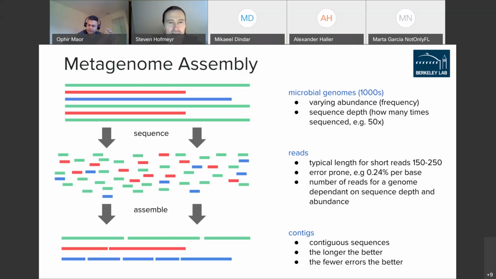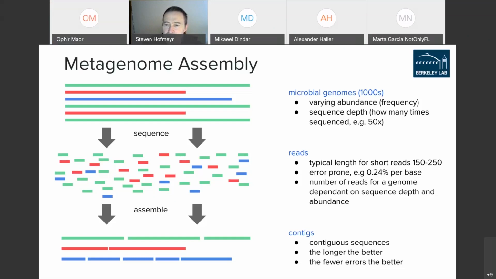The way genome sequencing works is the only way you get to read the DNA of all these organisms is by breaking it up into small fragments called reads. A typical read length might be about 150 to 250 base pairs, where each base pair is A, C, G, or T. It's one of the letters of the DNA alphabet, as it were. So you don't get a lot of contiguous information when you do the sequencing.